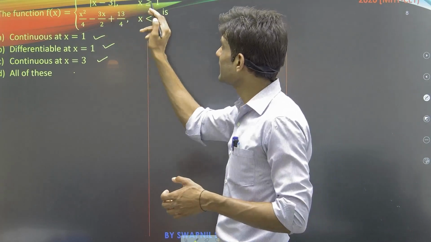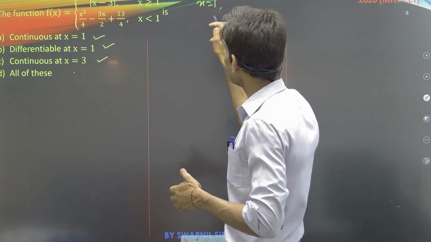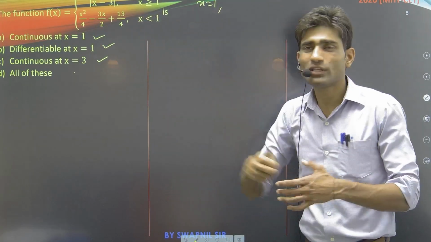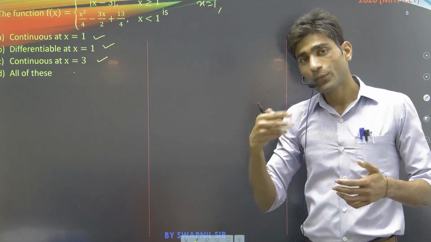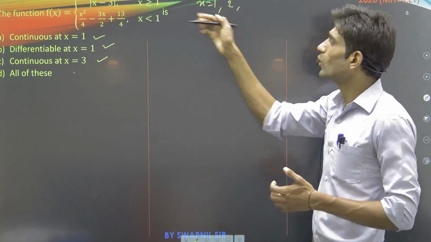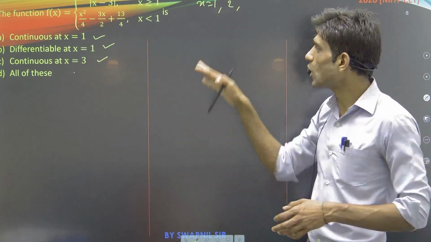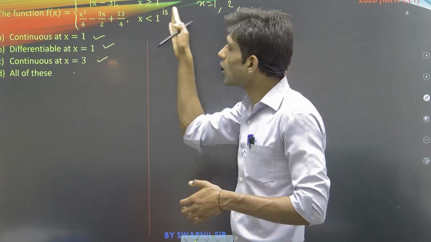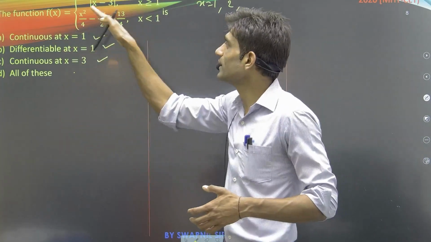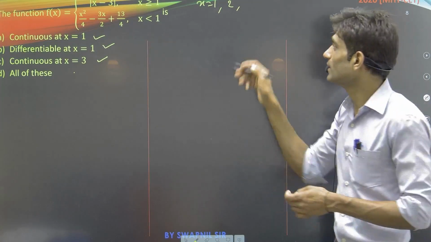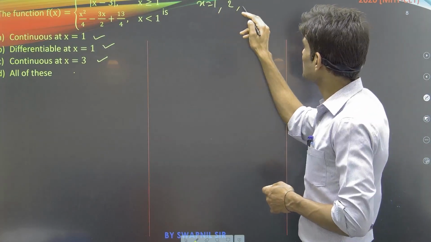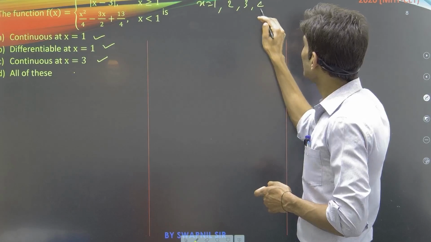What values when we consider x is 1? For x equal to 1, obviously modulus x minus 3 is coming. When we take x equal to 2, obviously modulus x minus 3. That means for all values which are 1 or bigger than 1, we consider f of x as modulus x minus 3. So x equal to 1, 2, 3, 4, and so on.